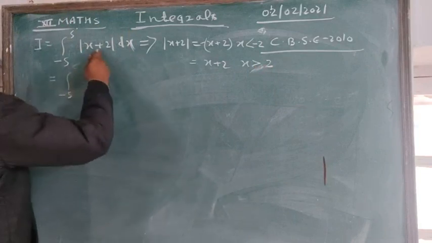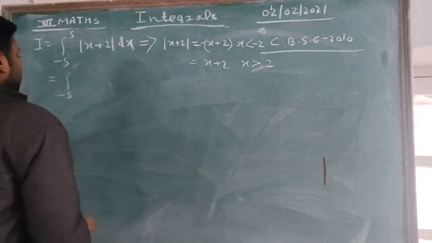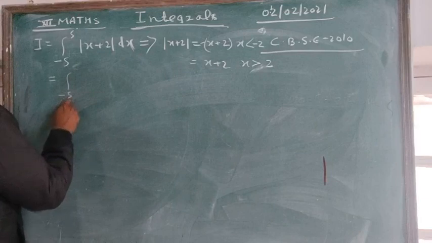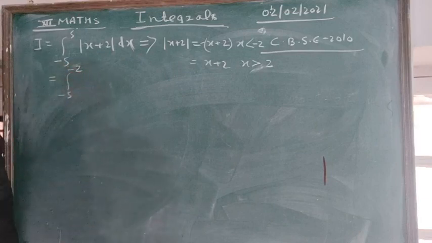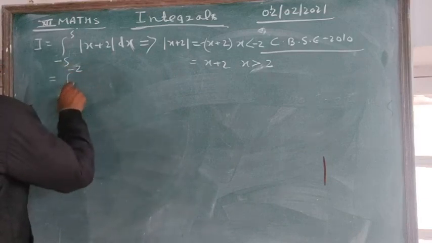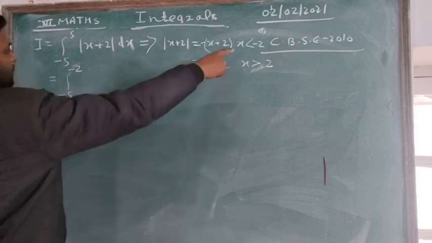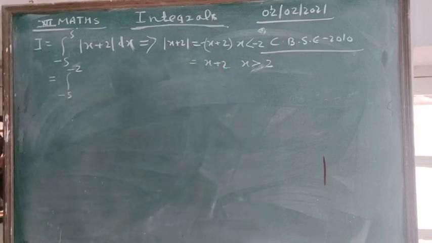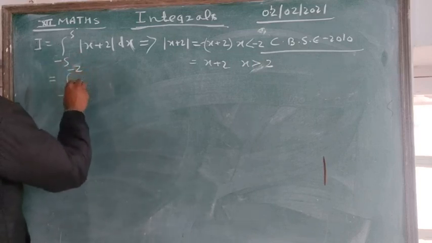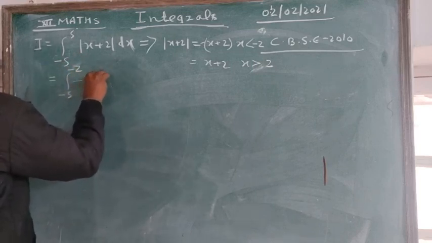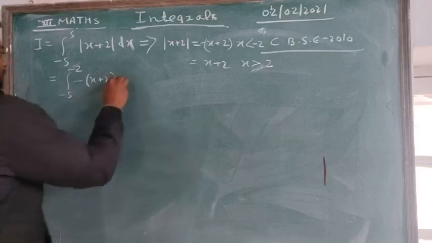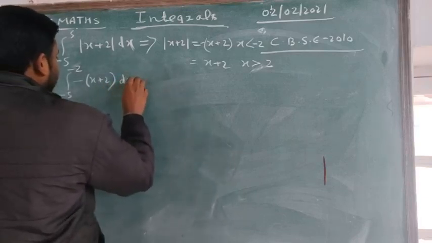Now we break it. When x is from minus 5 to minus 2, it gives the negative part, so we write minus (x plus 2) dx.